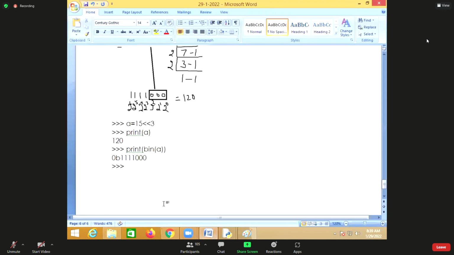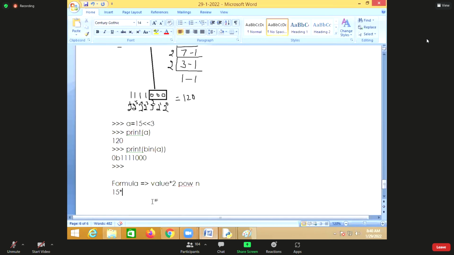So here also you can use a formula for doing this. The formula you can use is value into 2 to the power of N. Now if you apply this formula here, the value is 15. 15 into 2 to the power of 3.